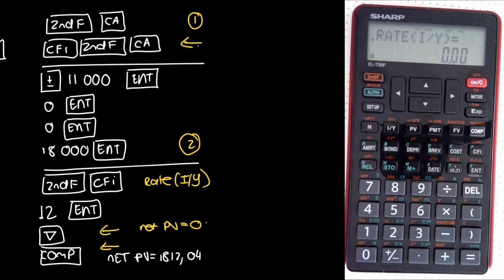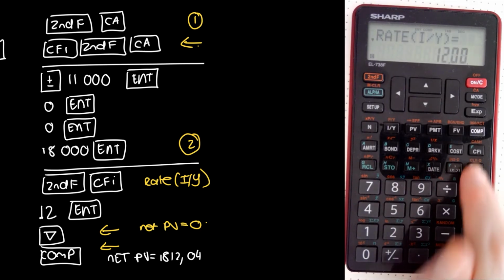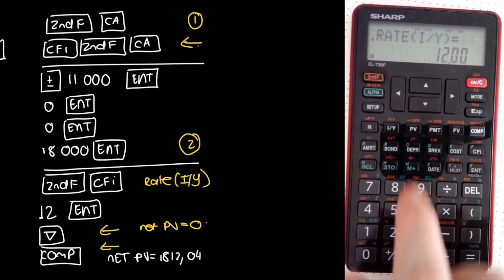And then we see rate IY shows up there. So now we can input the nominal interest rate of the bank's option. So it was 12% per annum effective, which is also 12% per annum compounded annually. It's our nominal interest rate. So we can put in 12 and push enter.